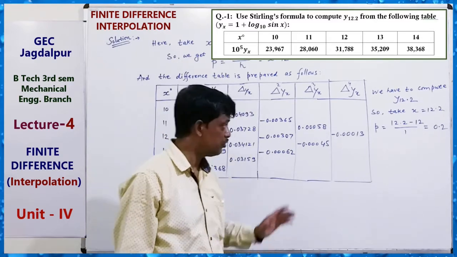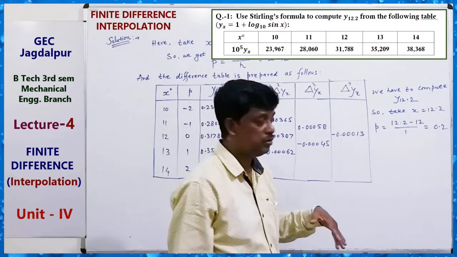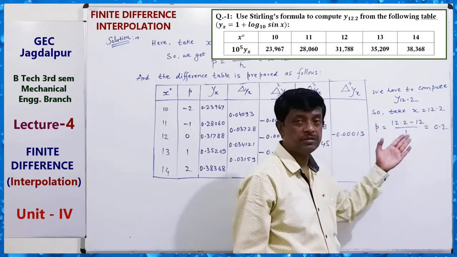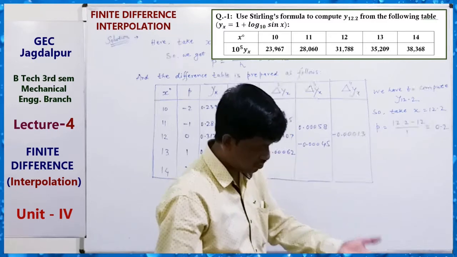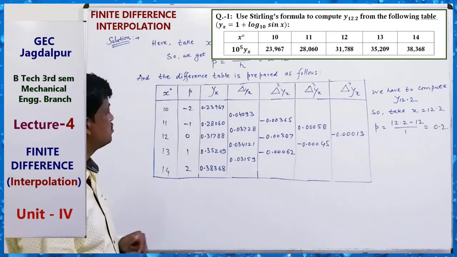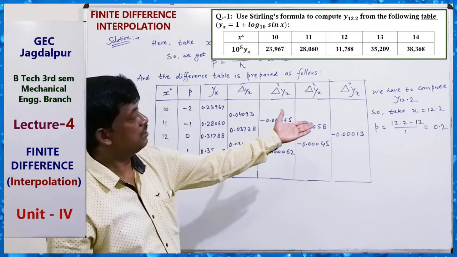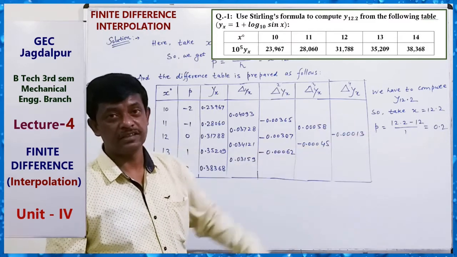So here p lies between minus 1 by 4 and 1 by 4, so we will use the Stirling formula. In the questions given also, just use the Stirling formula.